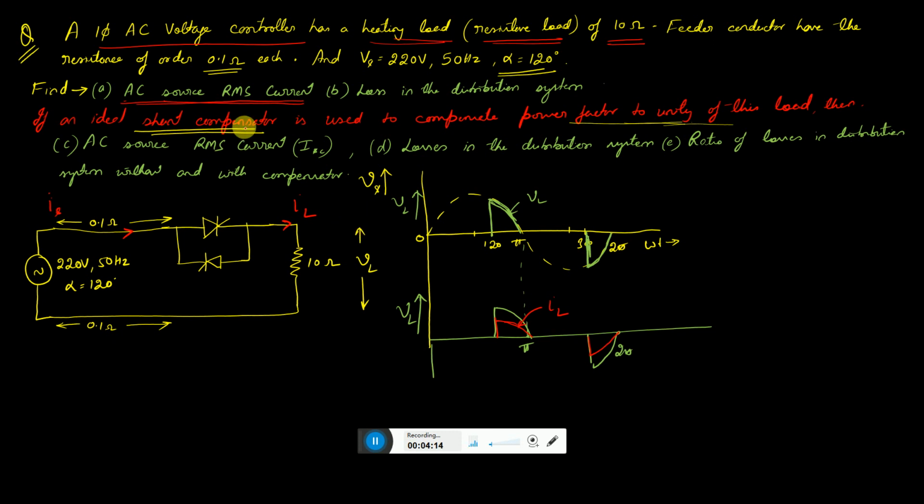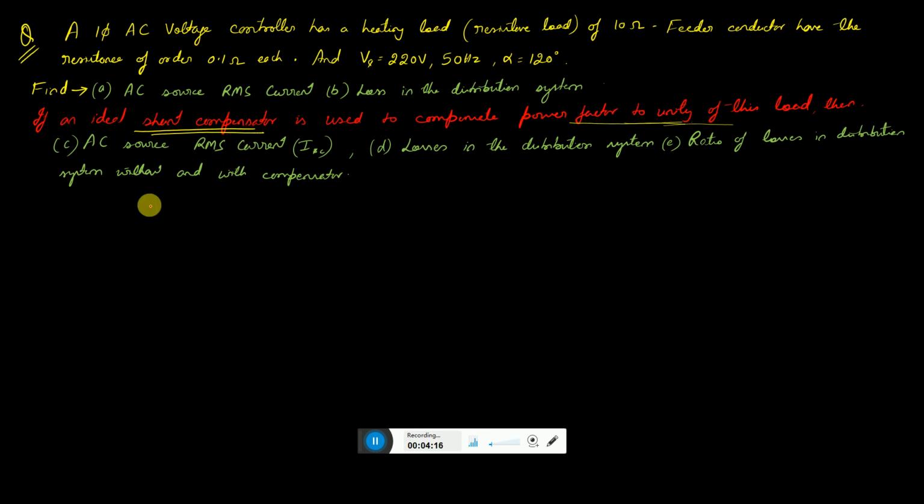Let us find the RMS voltage on another slide. The formula of RMS voltage squared is equal to 1 by 2 pi, integration from 0 to 2 pi of V square theta d theta.